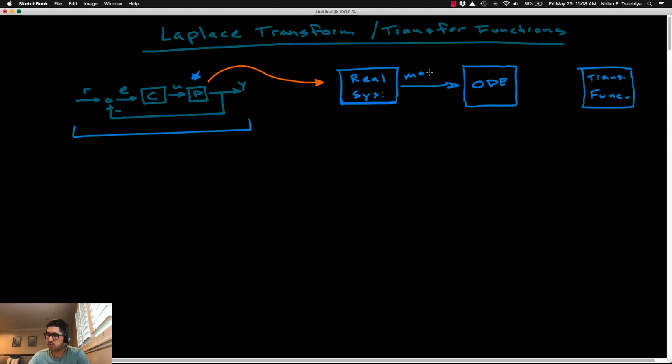So through the process of modeling, we can get generally one or more differential equations of motion. And those equations of motion mathematically capture the dynamics of that particular system. So in some sense, it's an equivalent representation of the real life system, only we have it in the mathematical world. Okay, so differential equations, those exist in the time domain.